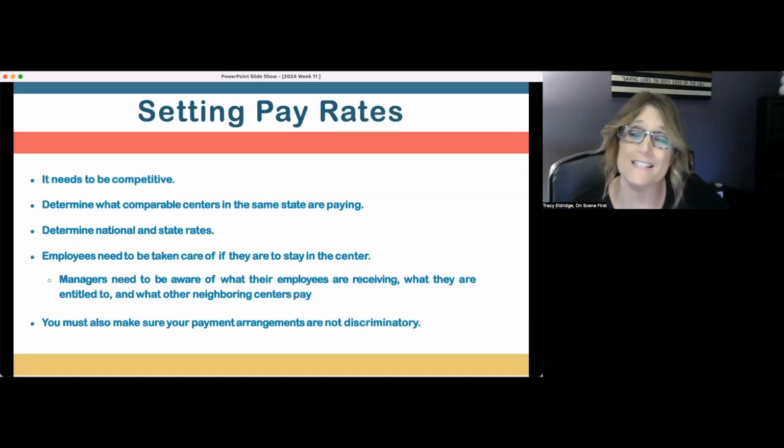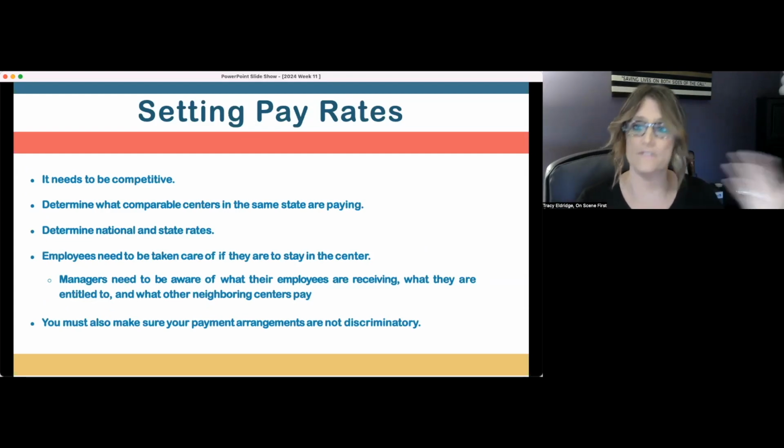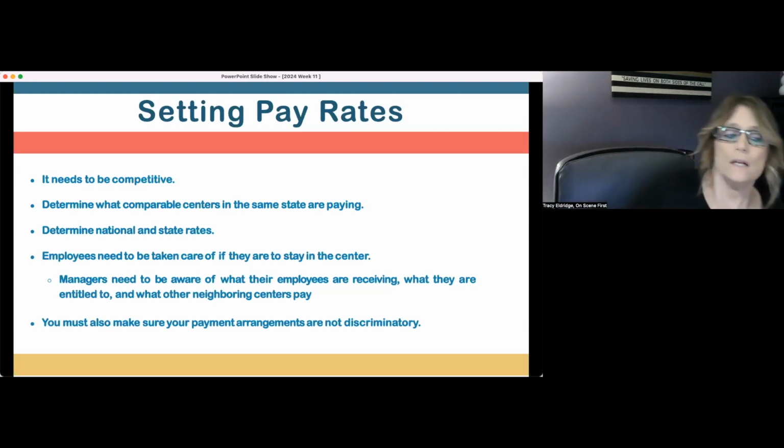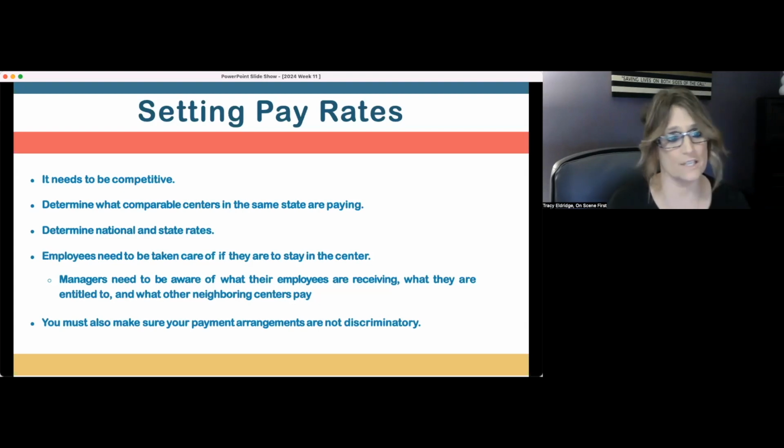As far as setting of pay rates goes, bottom line needs to be competitive. They need to compare to outside agencies in the same state that have similar demographics. What are they paying? Is it competitive? Are we way far outside of the norm? Employees need to be taken care of if they are to stay in the center.